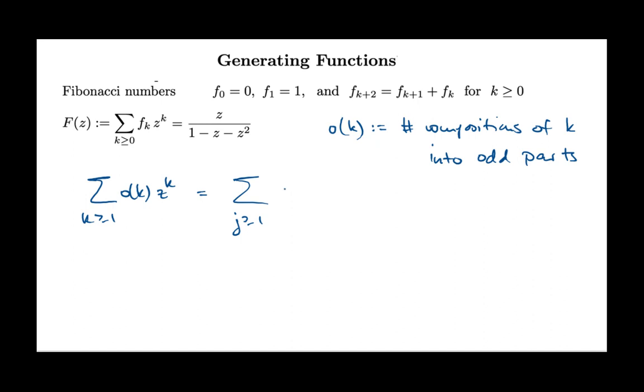And then for each j, I will have the generating function for the number of compositions into j odd parts, and we basically computed this, right? So this was z over 1 minus z squared, and previously we had 3 parts, so if we have j parts, this generating function will have a power j over here. And now something fun happens. Here the geometric series comes into place again, right? So the sum over j is again a geometric series, but now in the variable z over 1 minus z squared. So we can compute this.